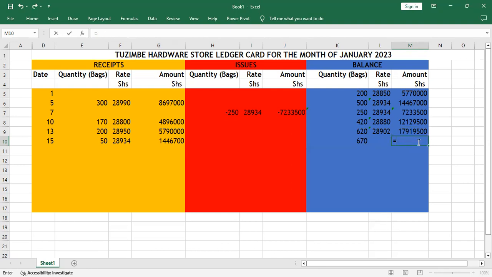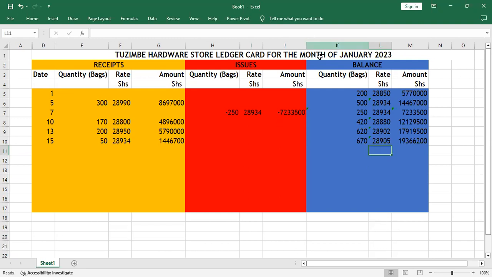This is this plus the cost of the goods returned, giving us that. Then to get the rate, get the cost of goods available for sale divided by the number of units available for sale, giving us 28,905 as our average price.